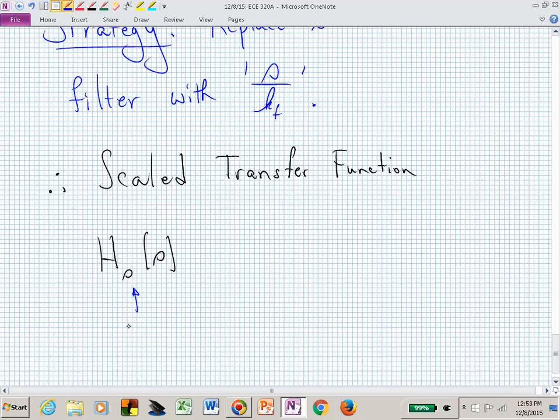This is now for the scaled transfer function, and I want that to have a bandwidth of 5 radians per second. That I can find from the normalized transfer function by replacing everywhere I saw an s with s over 5, or s over k sub f in general.